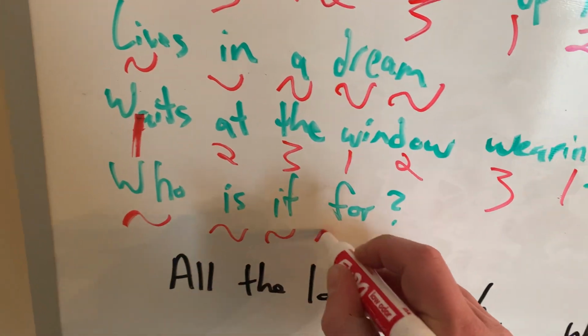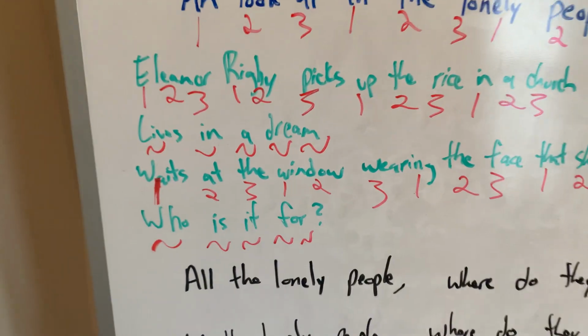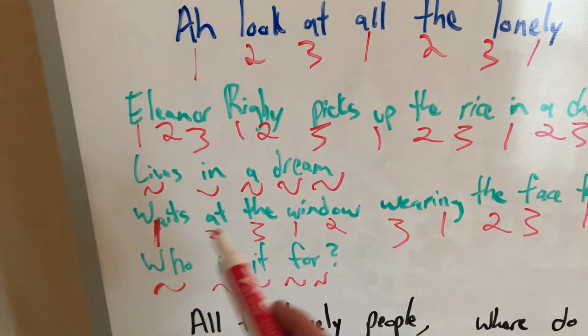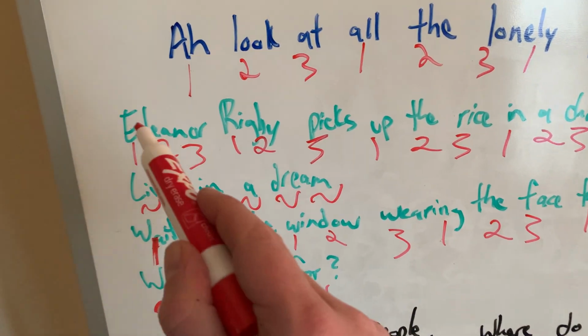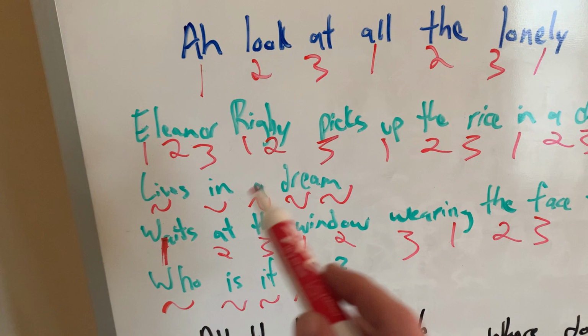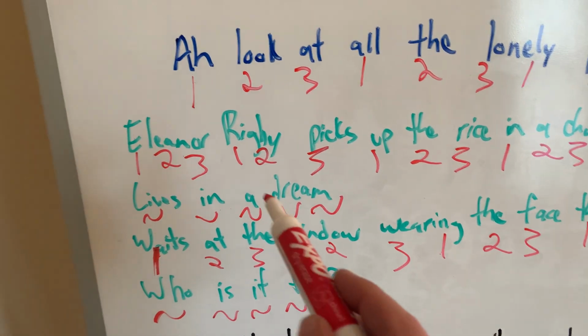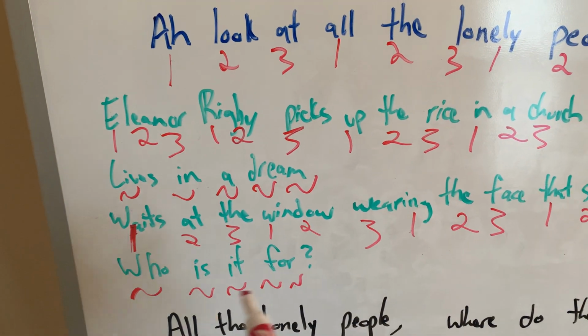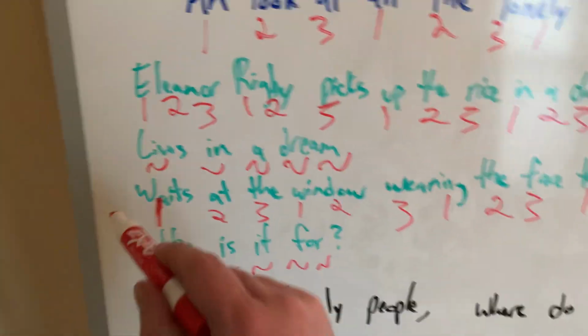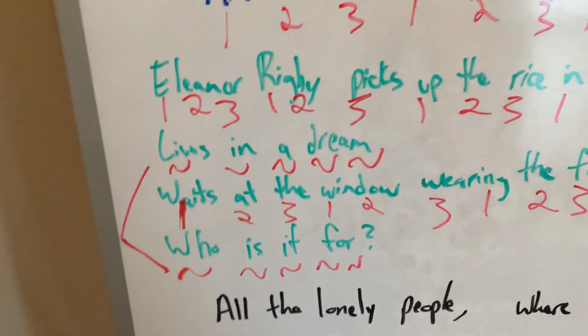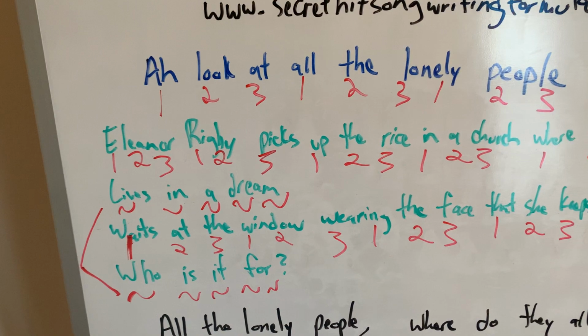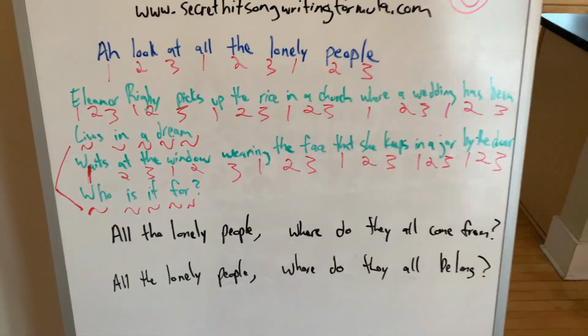It's kind of cool that it's not totally insignificant, because it's congruent with "Eleanor Rigby and lives in a dream," right? Even the insignificant phrases in the verse match each other, which is interesting. Not required in the formula, but it makes this song extra catchy.